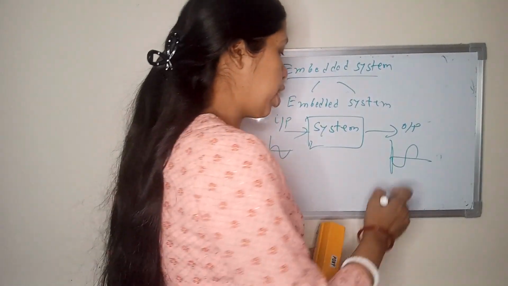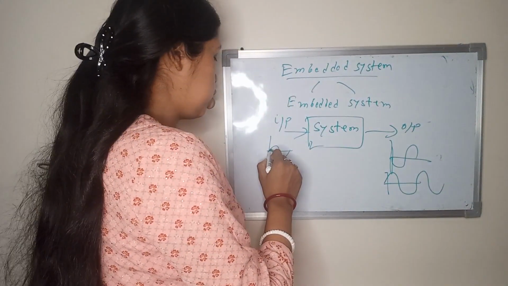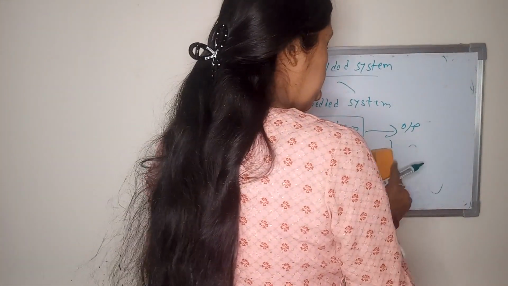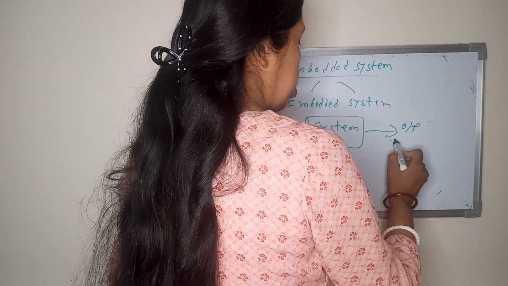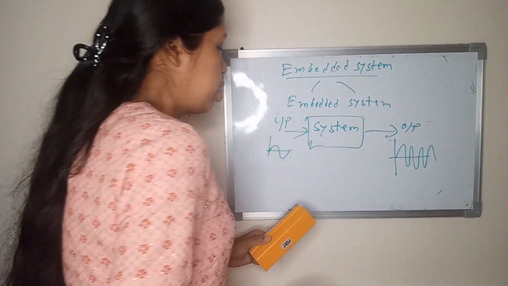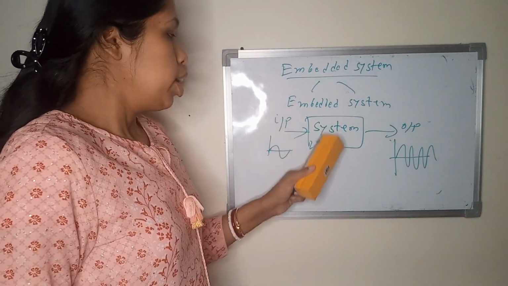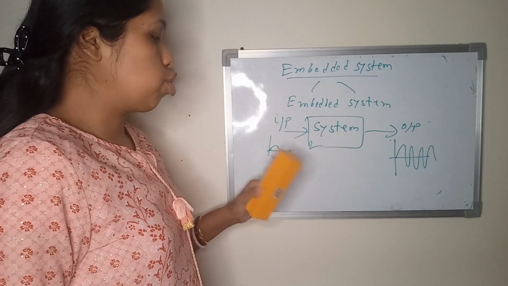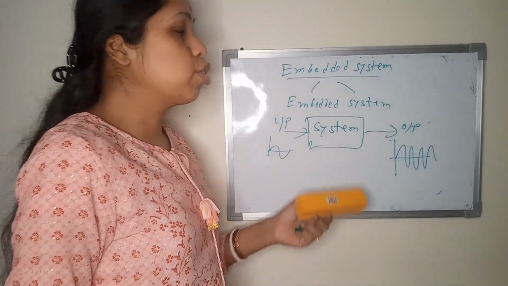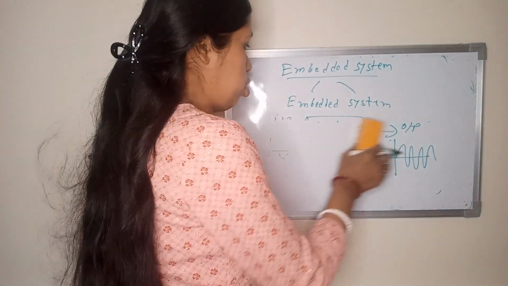Or you may get a low frequency signal converted to a high frequency signal, which is a modified form of the input signal. So this is one kind of system which converts a low frequency signal into a high frequency signal, right?